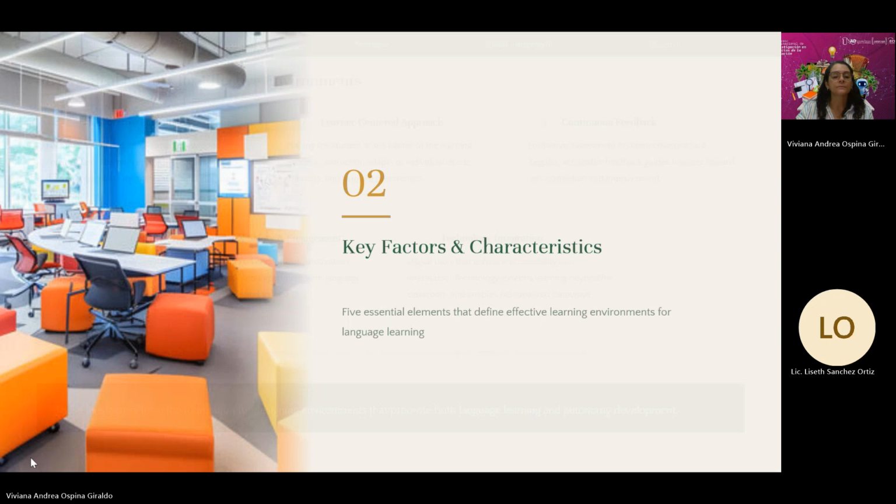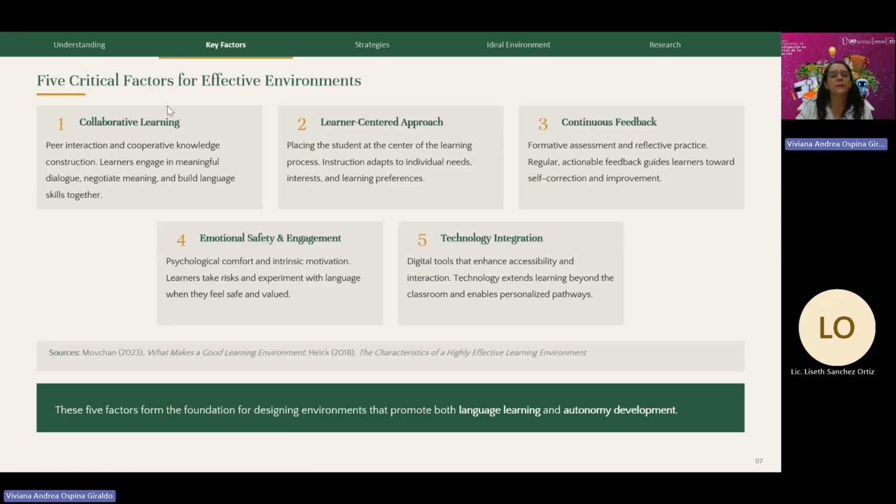So if we look at this right here, we have these 5 critical factors for effective environments. These factors are collaborative learning, learner-centered approach, continuous feedback, emotional safety and engagement, and finally, technology integration.